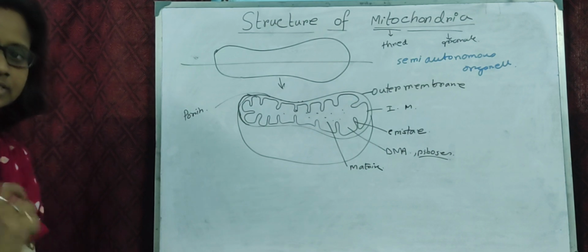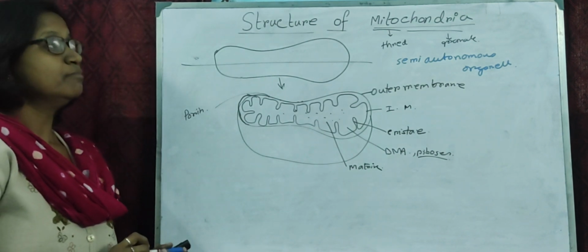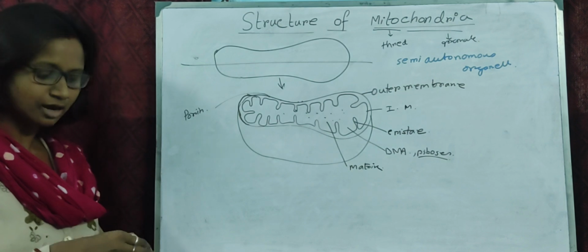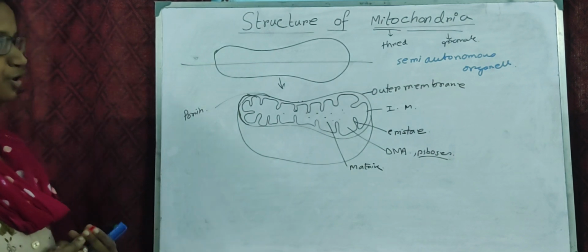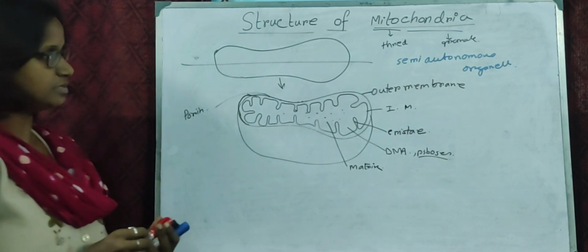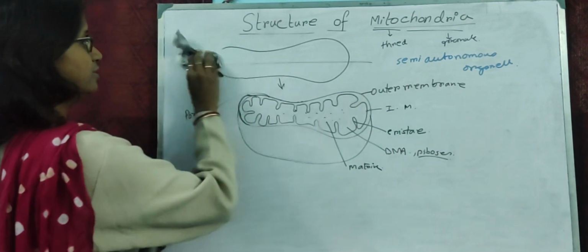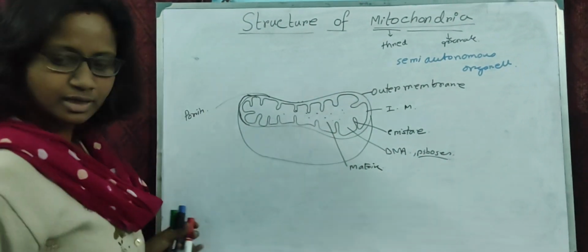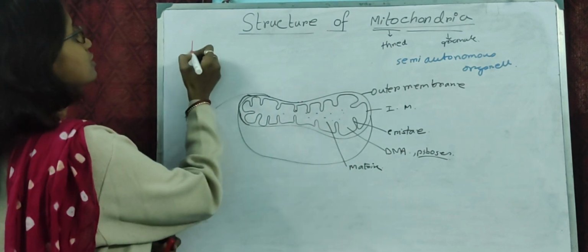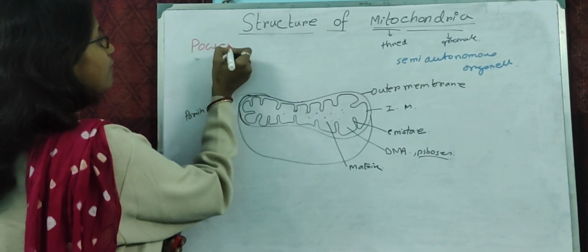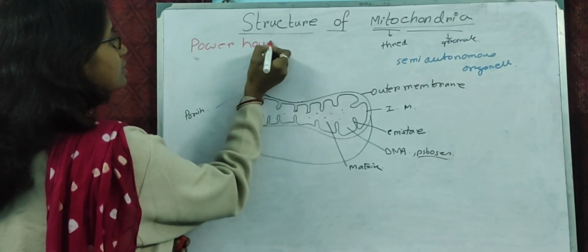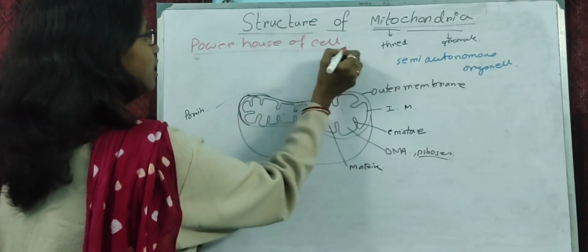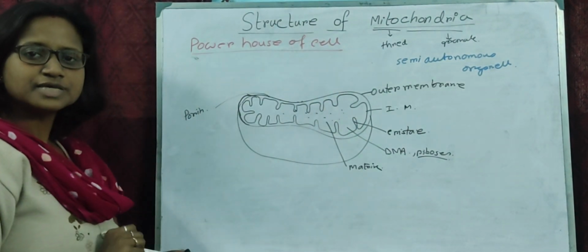The most important thing about mitochondria is that it has a nickname: the powerhouse of the cell. Why is it called the powerhouse of the cell?